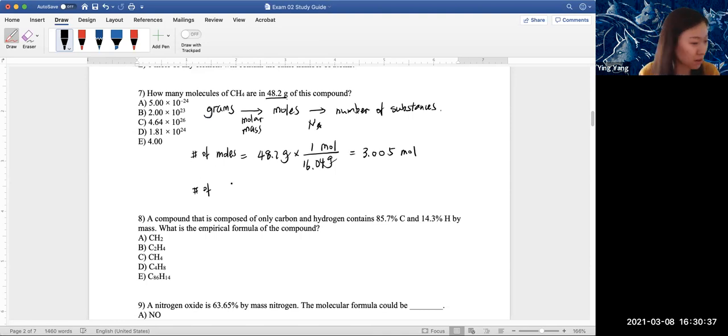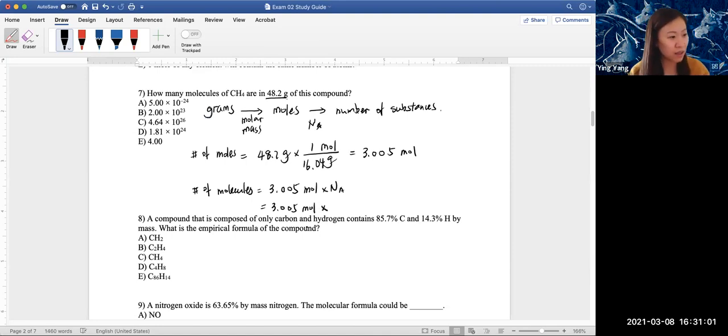So number of molecules is the number of moles times Avogadro's number. So 3.005 mole times Na, and Na is 6.022 times 10 to the 23rd.